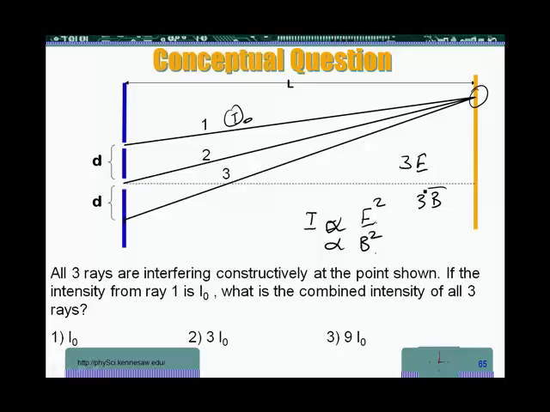Now, the intensity is going to be the square of that, so it's going to be 9B squared, which is 9I0. So this is my answer. When I have 3 light beams adding up constructively at one point, the intensity is going to be 9 times the intensity of one of them.